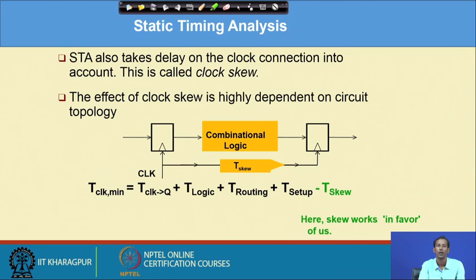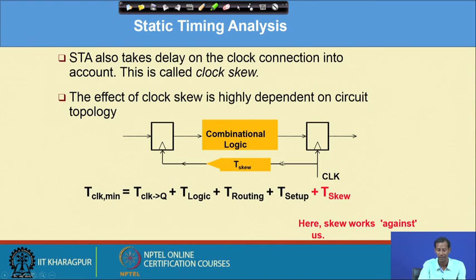Here you see that STA takes the delay on the clock connection into account, which is called clock skew. The effect of clock skew is highly dependent on the circuit topology. That means what topology you have used for the circuit representation is an important factor here.